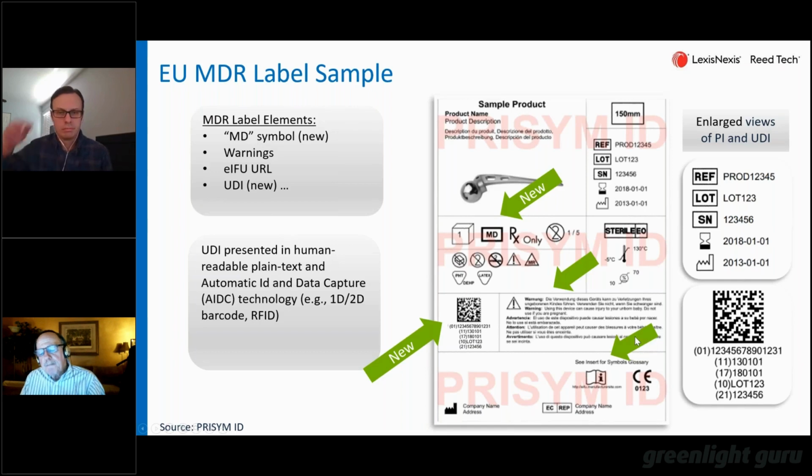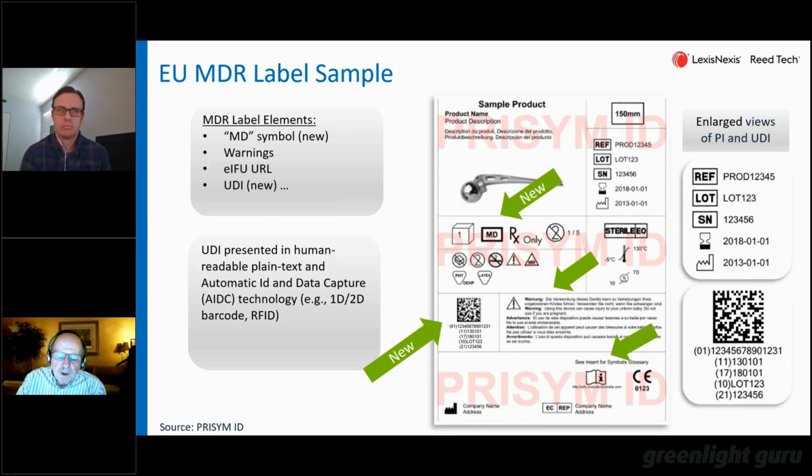Now, many companies have been using GS1 standards or other standards that actually qualify for UDI. So that is wonderful. You would not have to make that particular change to the label. There might be some other items that you have to change, but that certainly helps you in this conversion period or this transition period.